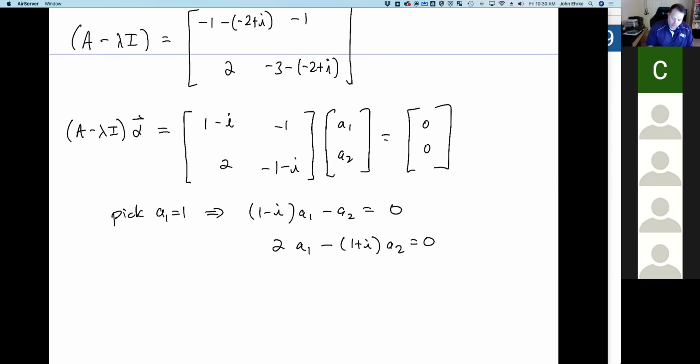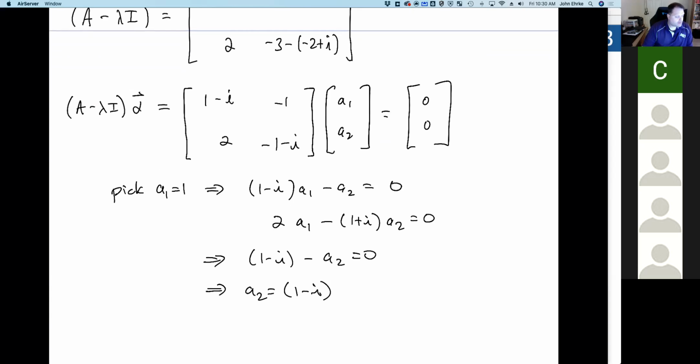So if I let A1 be 1, this is 1 minus i minus A2 equals 0. So that says that A2 is 1 minus i. And you can see that that would also work for down here. If A2 is 1 minus i, you get 2 out of the combination of those two.